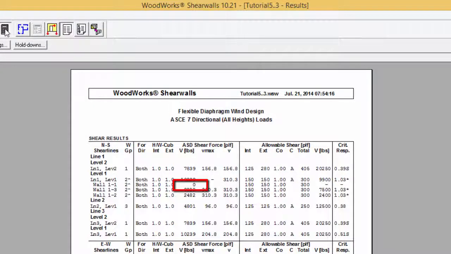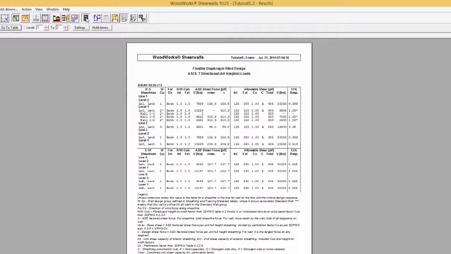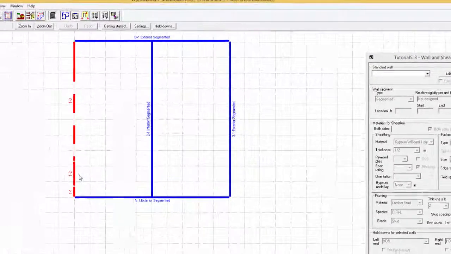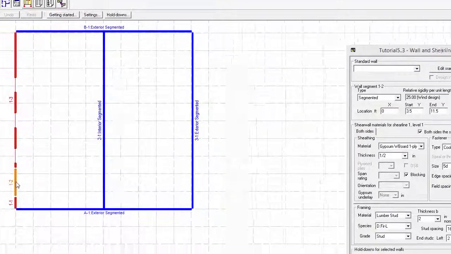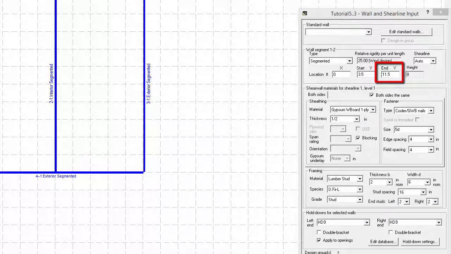Keeping the same wall, but having it unblocked and the height to width ratio greater than 1.5 to 1, we will see that 0 force will be allocated to that segment. We will first select the walls icon and select wall 1-2, and change its end location to 8.5 feet, so it has a height to width ratio slightly above 1.5 to 1.